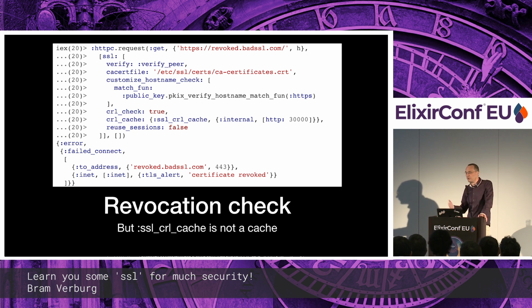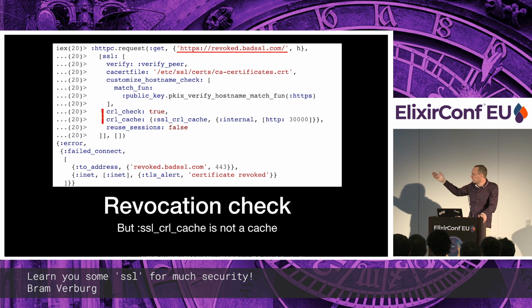OCSP, the more modern and maybe better way to do it, is not yet supported. So that's one thing to be aware of. So here's a server endpoint that serves a revoked certificate, and these are the options you'd have to pass in order to make this connection fail.